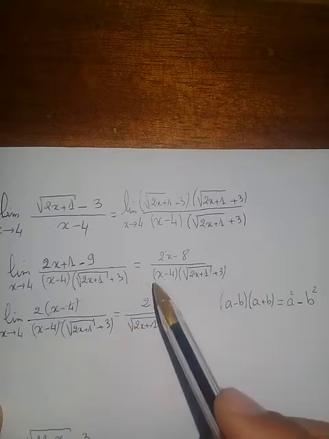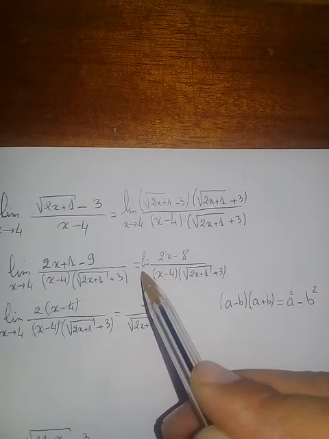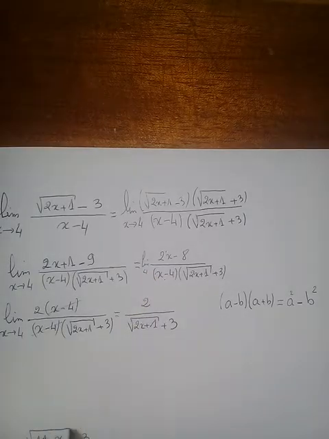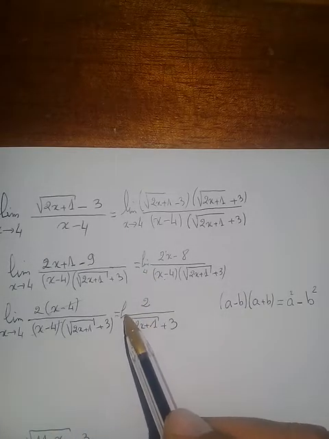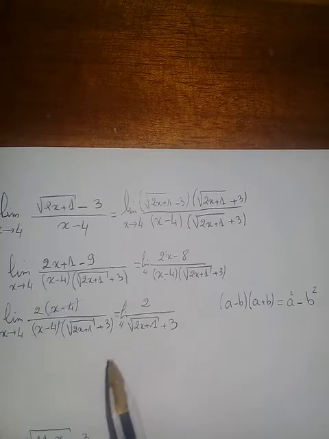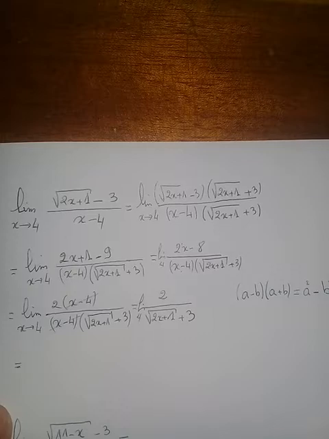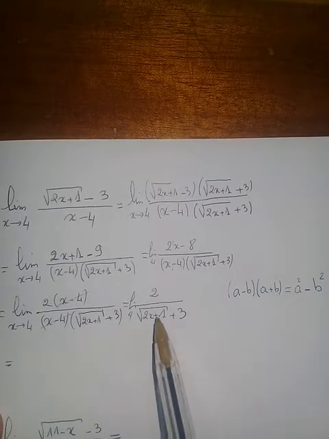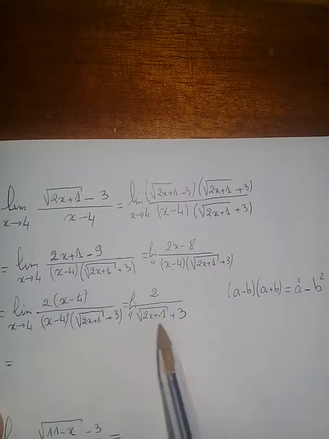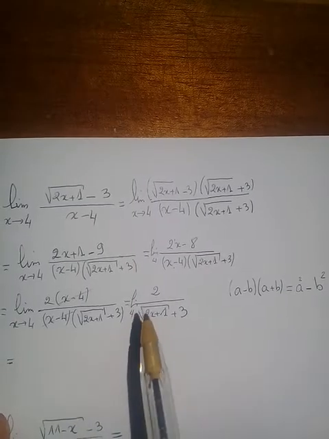So here I forgot the limit, for the limit when x approaches 4. So now we simply have to plug in 4 and it's going to be okay, because there is going to be no undefined form.